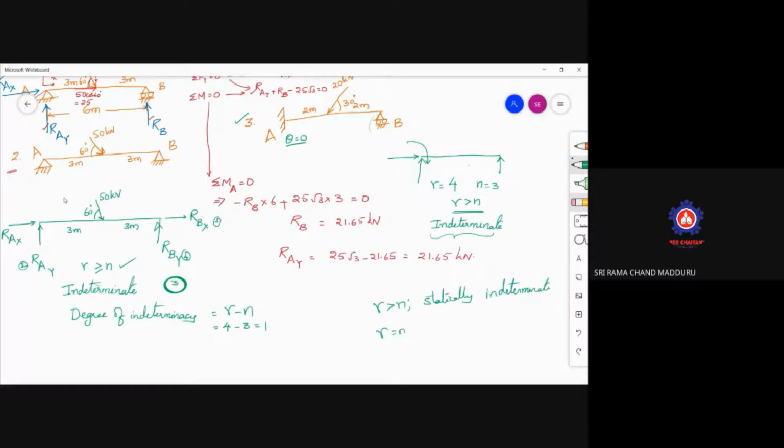If R is equal to N, then it is called statically determinate. In both cases, R is greater than or equal to N, so these are stable structures. And if R is less than N, then the structure is unstable.